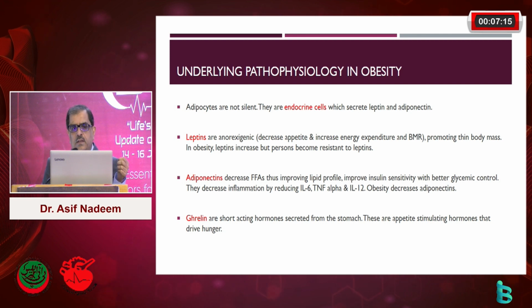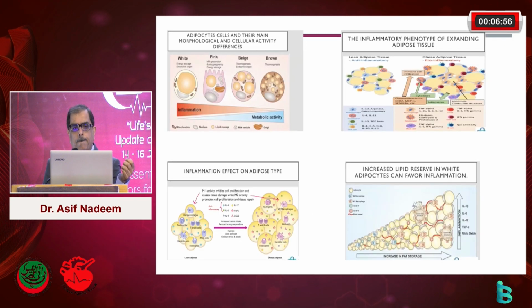So now we understand that obesity is not a simple thing. In fact, adipocytes are endocrine cells, which produce leptins and adiponectins. Leptins and adiponectins both make you thin. But in obese patients, either they are deficient or there is less response of individuals to these. So there are various types of fats.